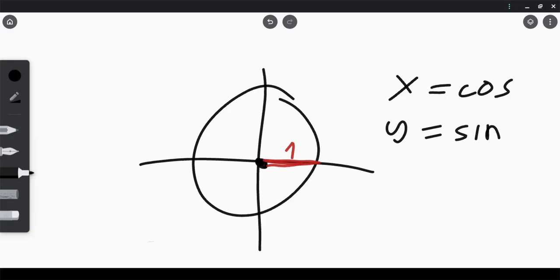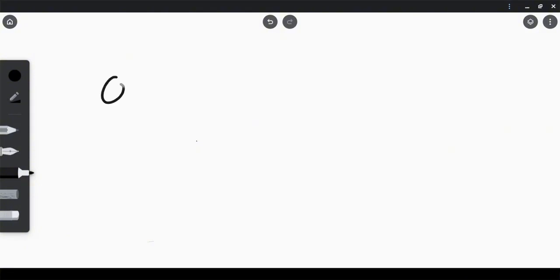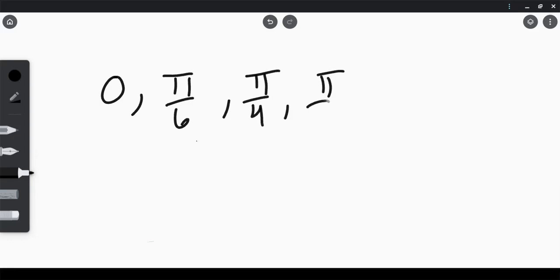So let's start with the most important angles you gotta know. We have 0, pi over 6, pi over 4, pi over 3, and also pi over 2.